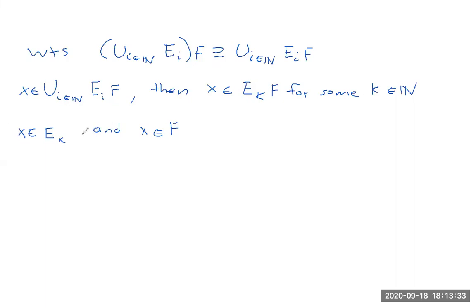And after this line, we have shown that x is an element of the union of events E. The reason for this is because E_k is included in the union. So therefore it is a member of the union.